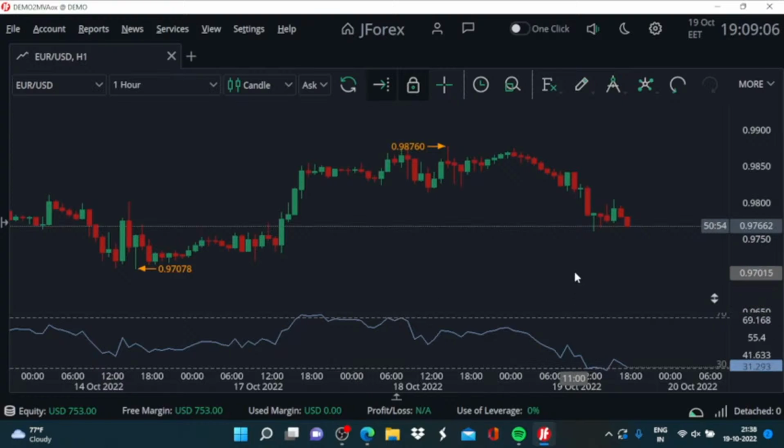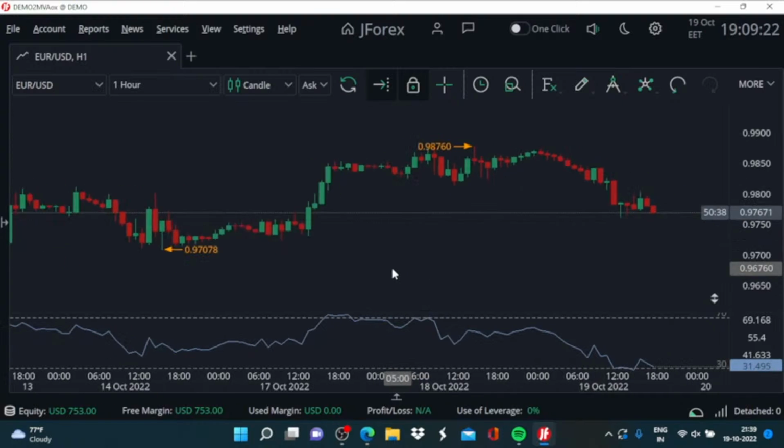And similarly, if we accompany the signals generated by this RSI indicator along with other indicators or other pricing mechanisms, simply using the price action data, I feel the probability of making money will be a lot higher.